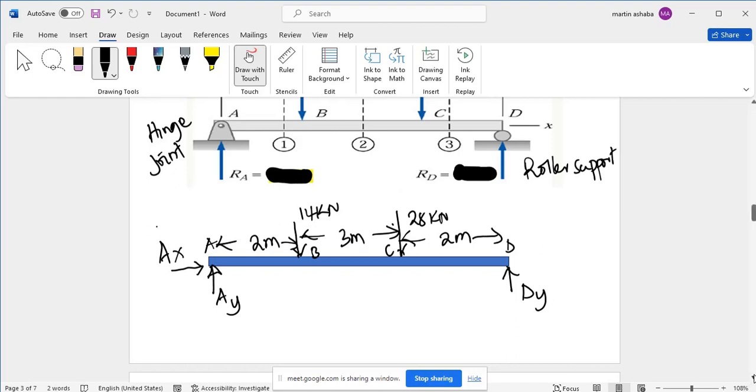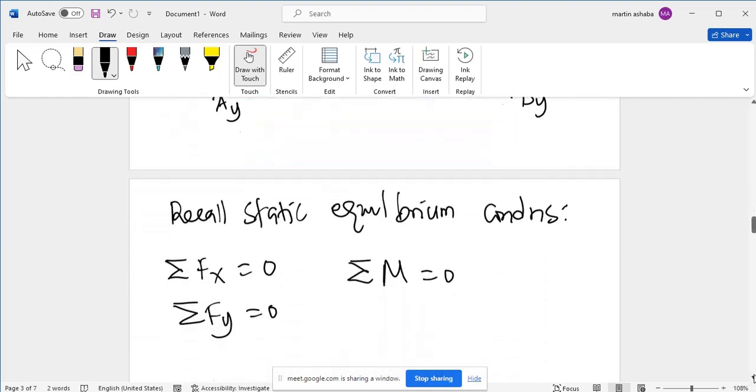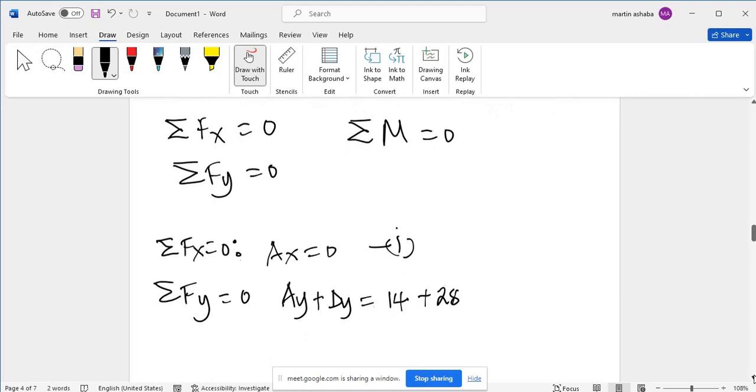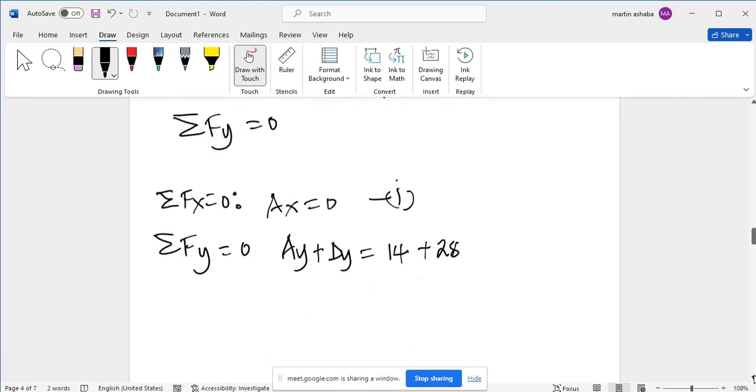So I will come down here and state my equation as AY plus DY is equal to 14 plus 28. And this is going to be 42. So this is going to be AY plus DY is equal to 42, and I call this equation 2.